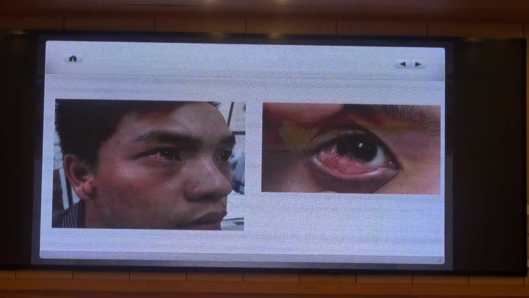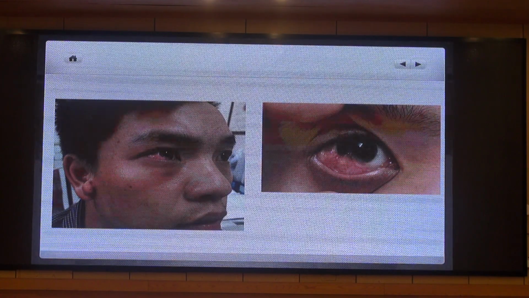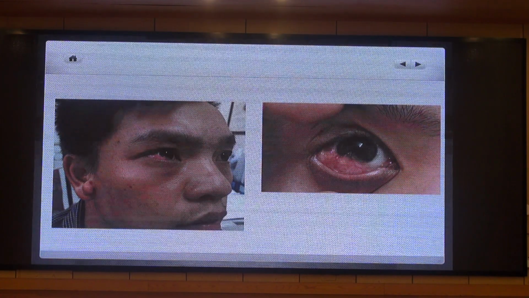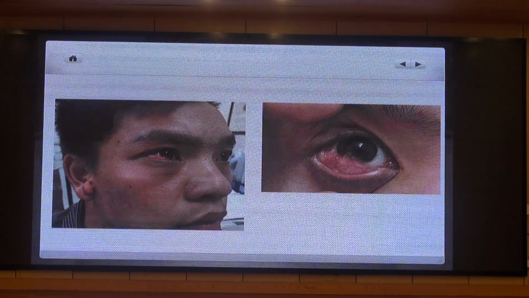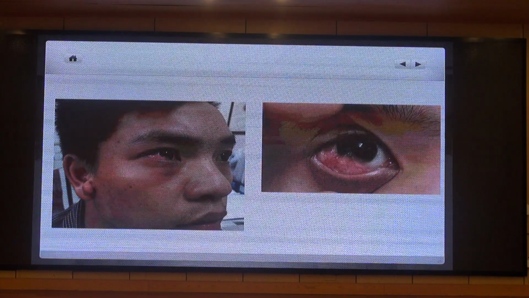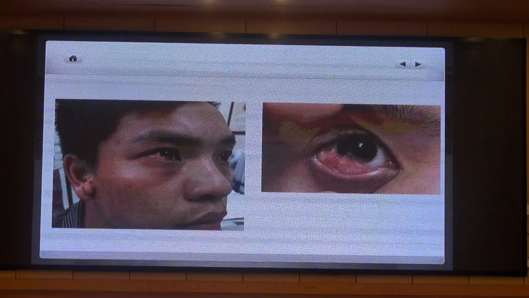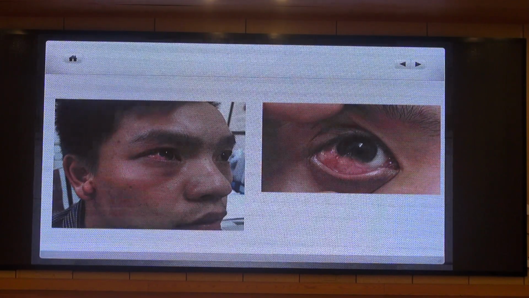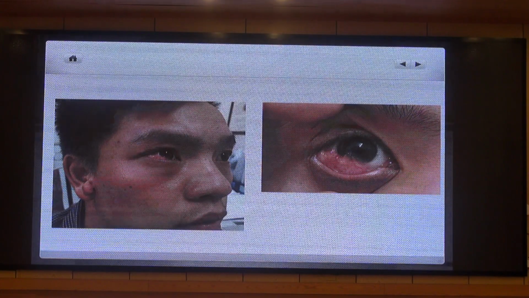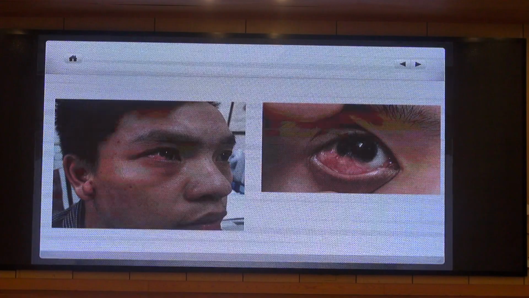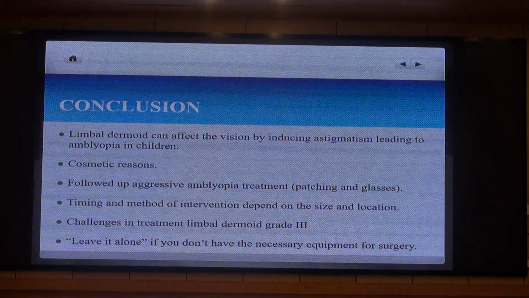His vision is good, 20/25, and he doesn't want an operation, so we just follow up and ask him to come back when he wants to remove it, but I think it's very difficult. We can cut it and use AMT multi-layer to treat him, but to prevent pterygium, maybe we have to use mitomycin C with the conjunctival flap.